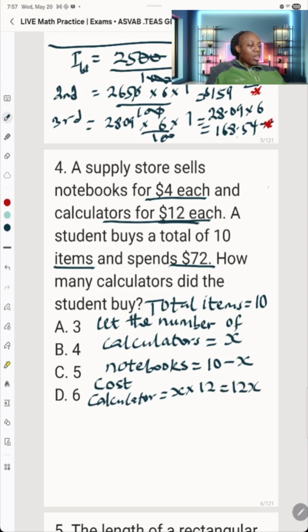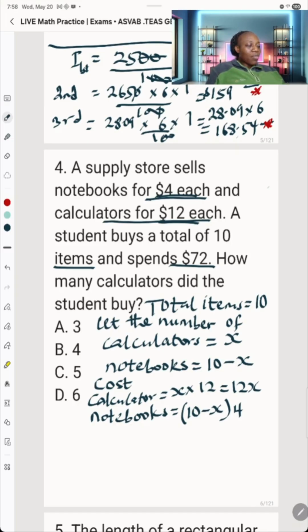Then for the notebooks, it is going to be 10 minus x. Then we need to multiply by 4, because each of them is 4. So we can now put this cost together. We add them together to equate it to 72.